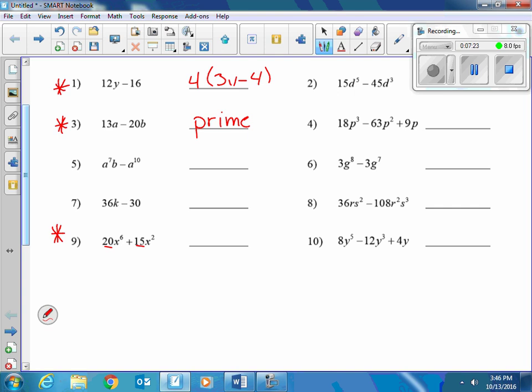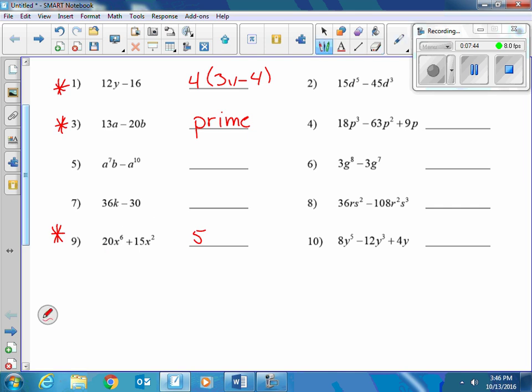I'm not sure we can go any higher than that, because while 20 can factor into 10 and 2, 10 does not go into 15, nor does 2, not evenly. So we can at least take out a 5 from both. And then we'll just figure out what's left over later.